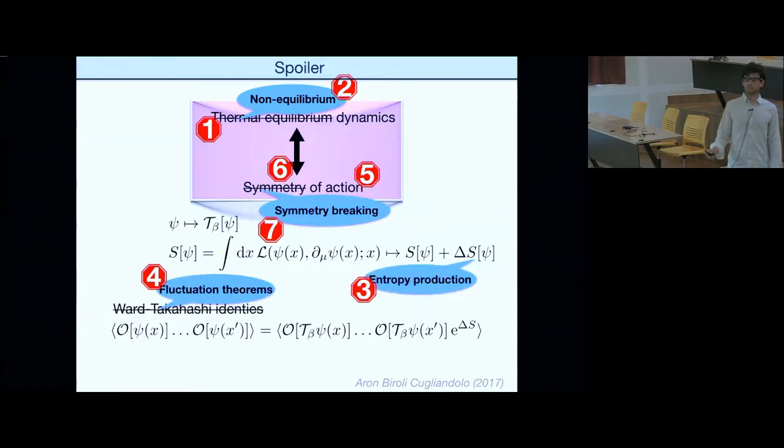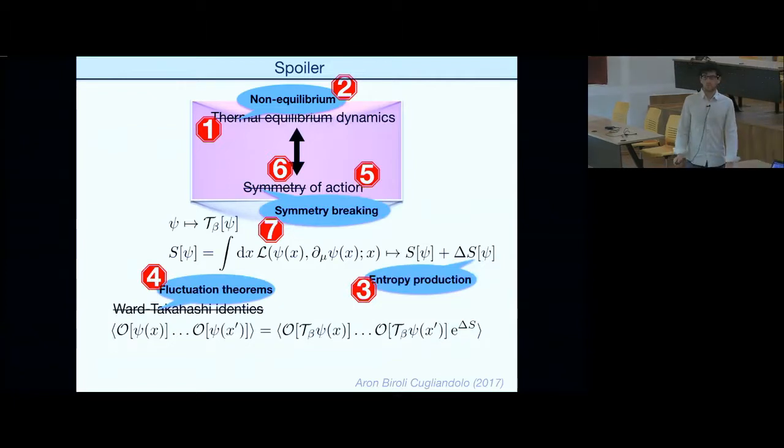I will recap some classical results on entropy production, textbook stuff. Discuss the recently discovered, like 10, 20 years ago, fluctuation theorems. And then I will introduce to you the Keldysh action I'm talking about, the symmetry once you're in equilibrium, and how this symmetry is being broken once you're out of equilibrium. So that's the roadmap for today.